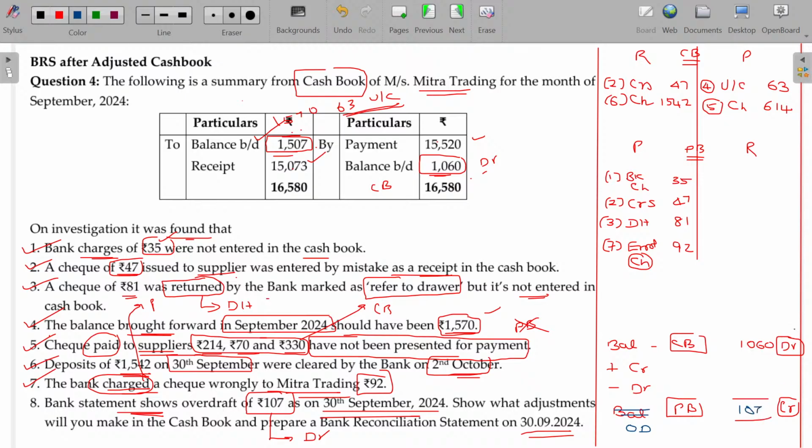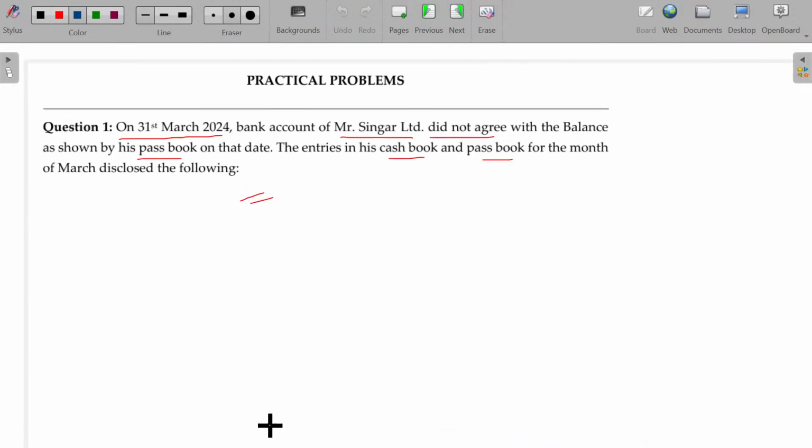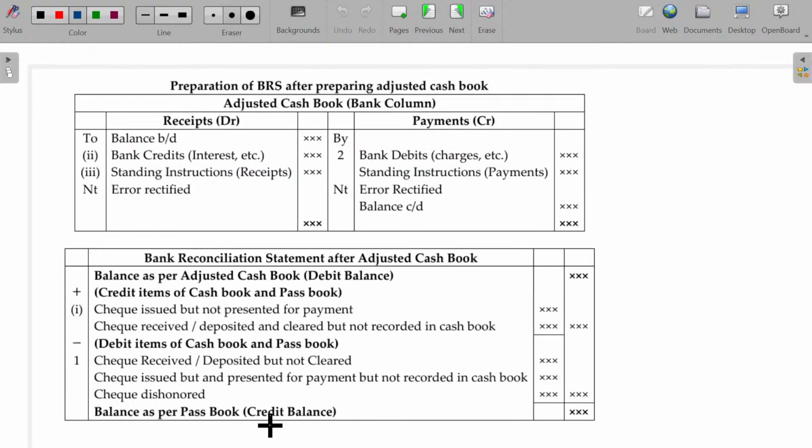Starting with the bank balance, proper balance, and ending with overdraft: starting with the debit means ending should also be debit balance. Is that okay? We have the balance in our bank as per the cash book, so debit balance. But as per the banker's record, 107 seems to be overdraft. So in case of overdraft, that will be called what balance?